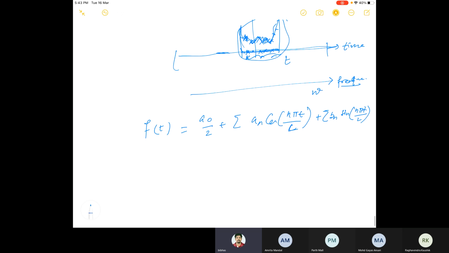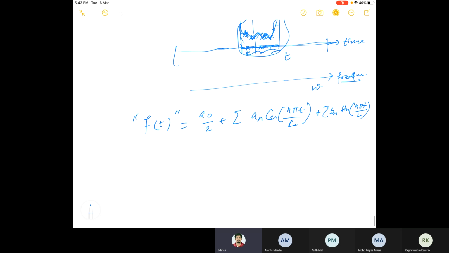What it means is, since this is a function, you have a vector space of all functions, or periodic functions with some additional conditions such that we can calculate this integration. So this has to be integrable first of all.